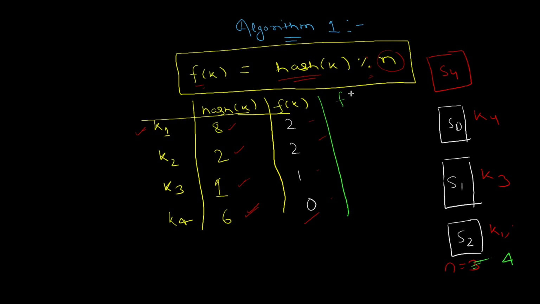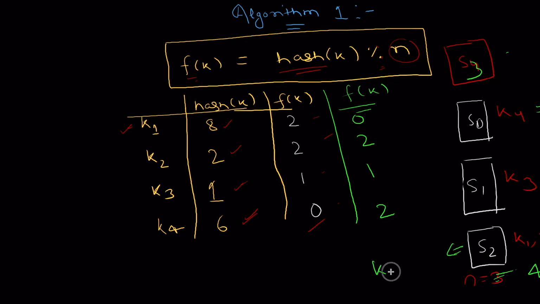So f(k) will now become 0, 2, 1, 2. Now, in the whole distribution, S3 will hold nothing. S2 will hold K2 and K4, and S1 will hold K3.